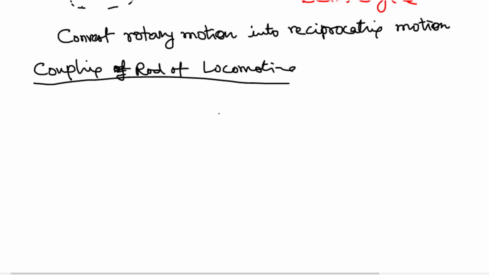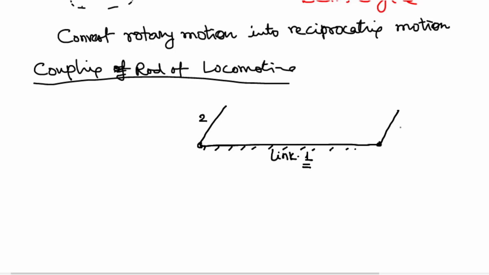So one crank, link 1, this is frame, link 2, and link 3 having equal length and parallel to link 2, and this is link 4.